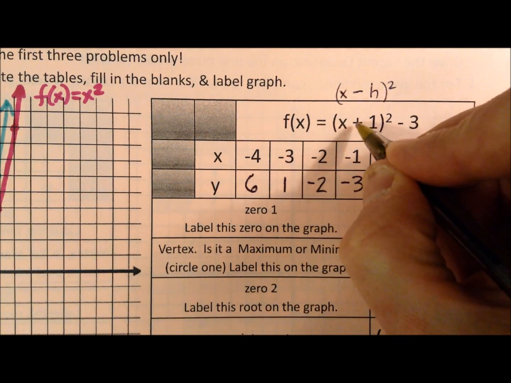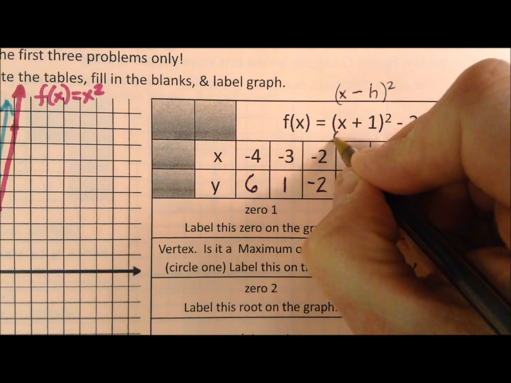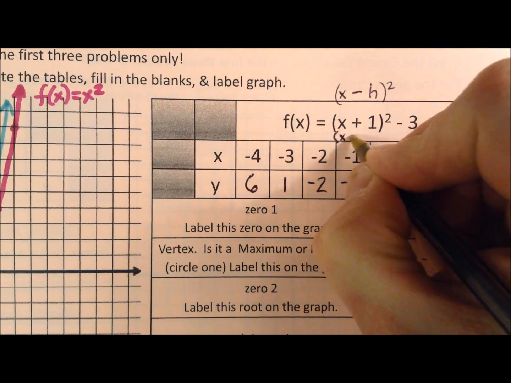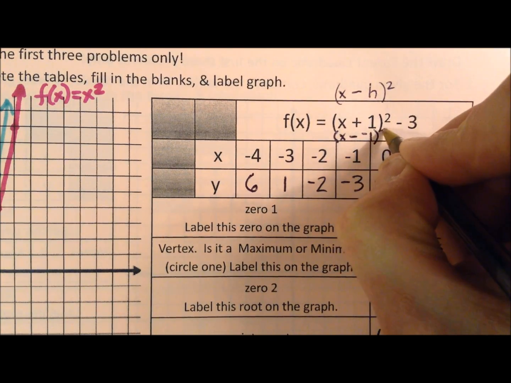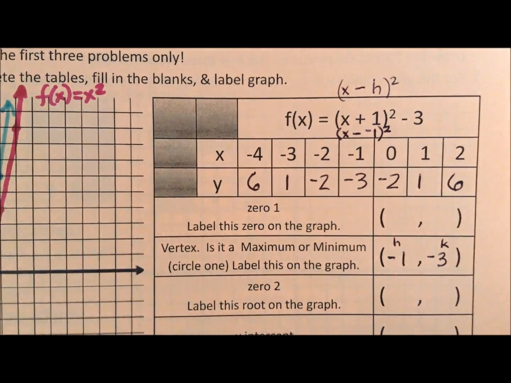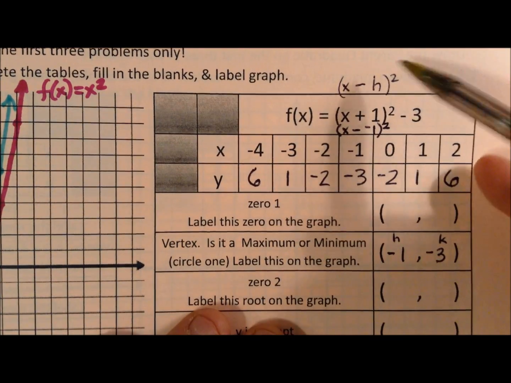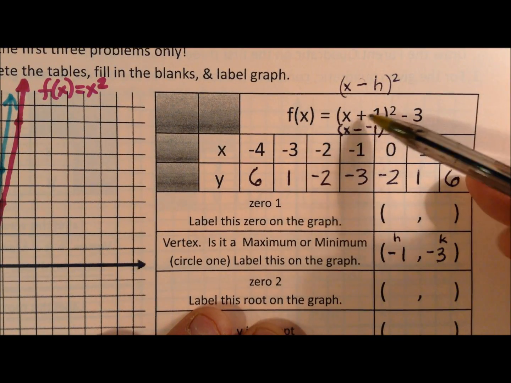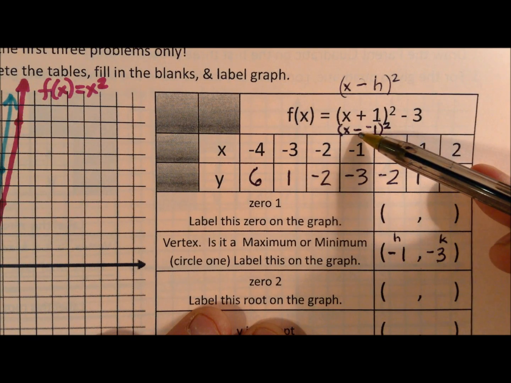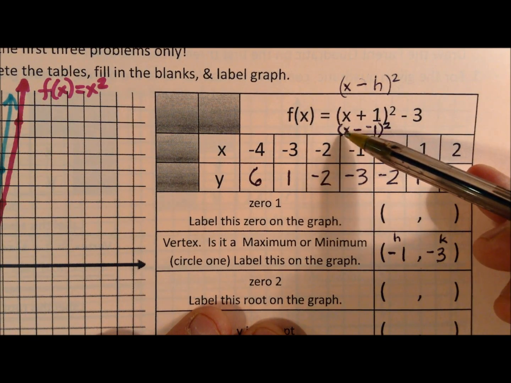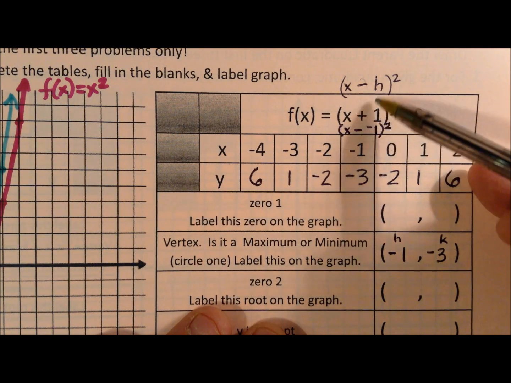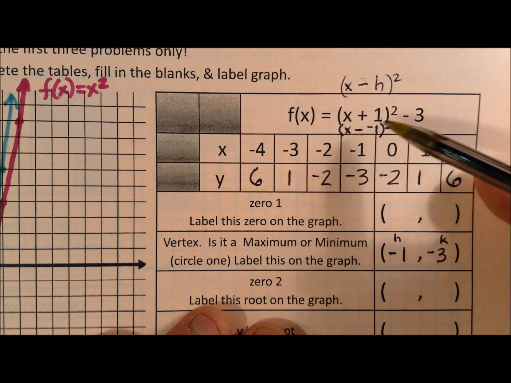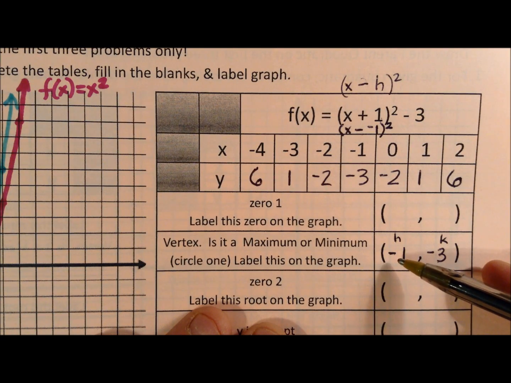And if you want to add something using a minus sign, you're going to have to subtract its opposite. So that's a little weird right there, but you're just going to have to deal with it. Okay? So if I put x plus 1 and I rewrite it using a minus sign, it's really x minus a negative 1. So in this case, that's where I get an h of a negative 1. Okay, be careful on that.